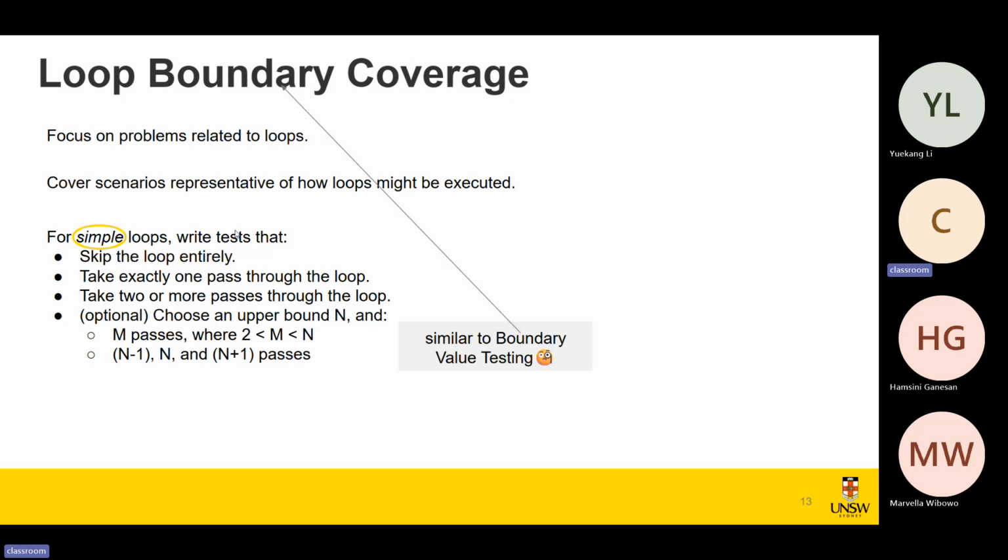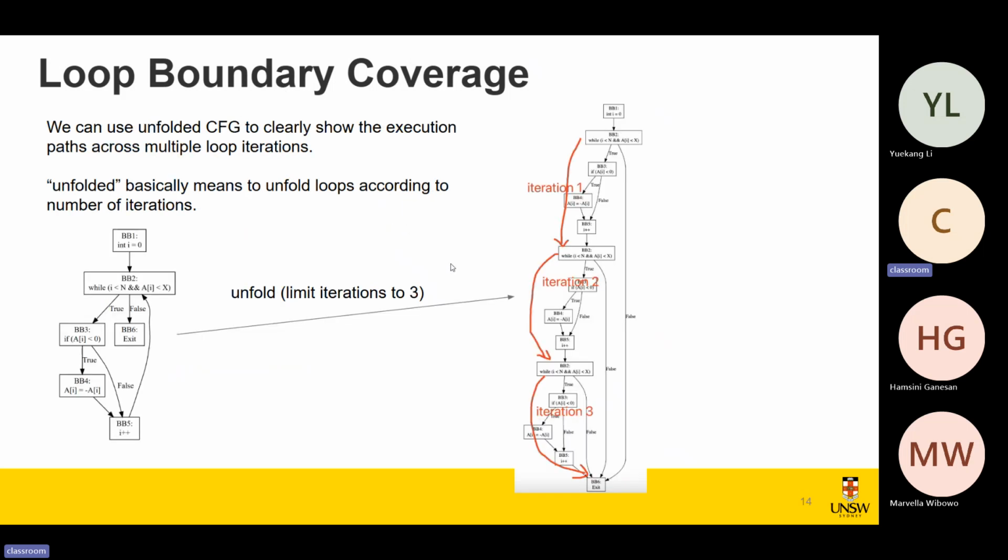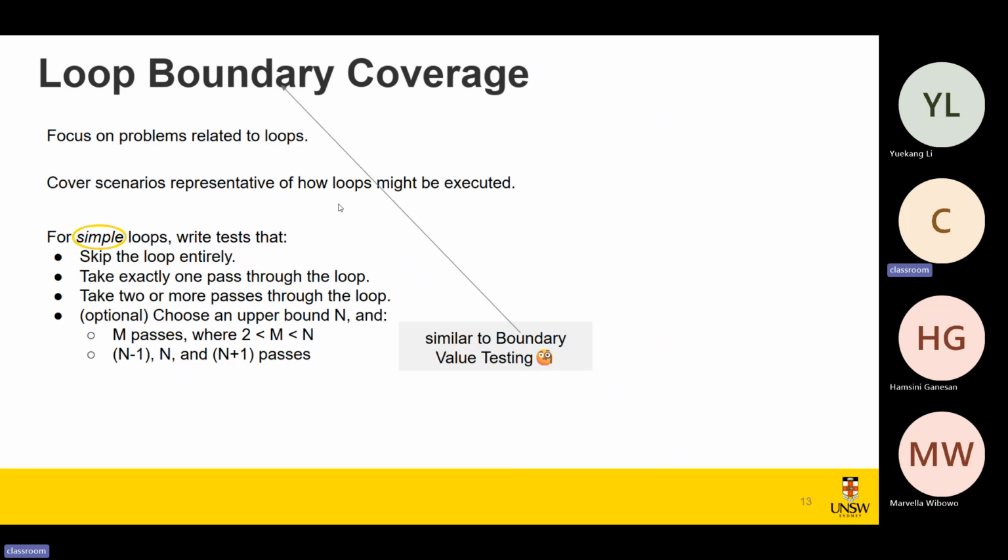Simple loops means we only have one loop, and the loop condition is independent from other loops, which means that there's no nested loop here, and there's no consecutive loops which could affect each other. So we will discuss how we deal with more complex scenarios later.